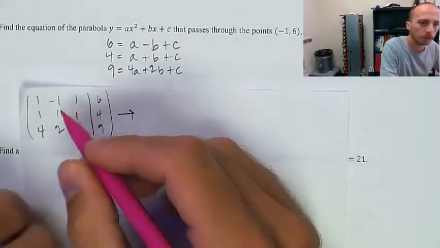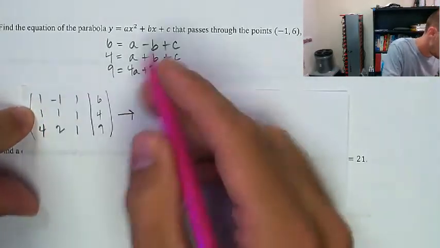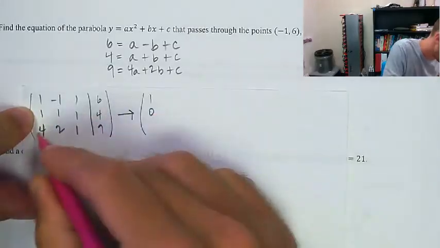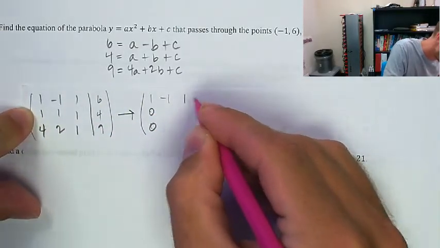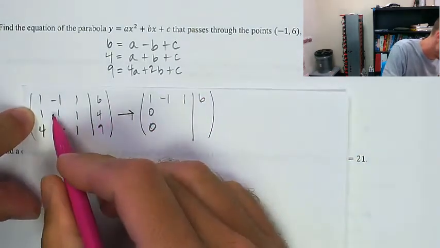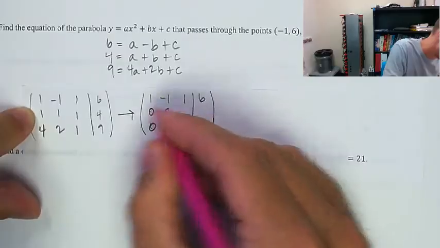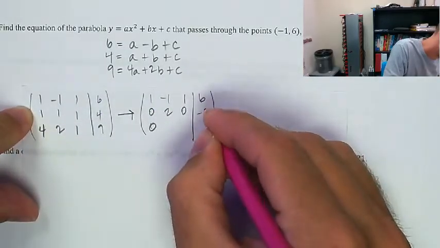All right, so I'm going to take row 2 minus row 1, and row 3 minus 4 row 1s. So I'm not changing row 1 yet. Row 2 minus row 1.